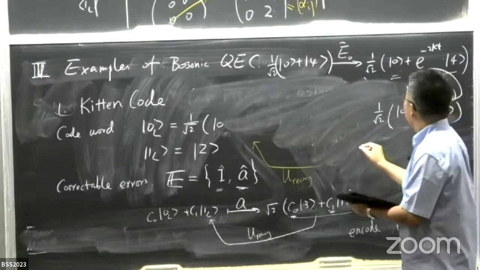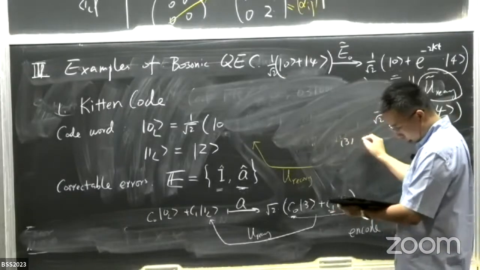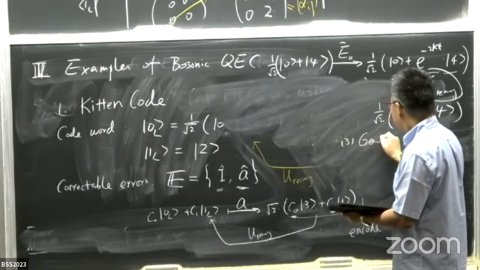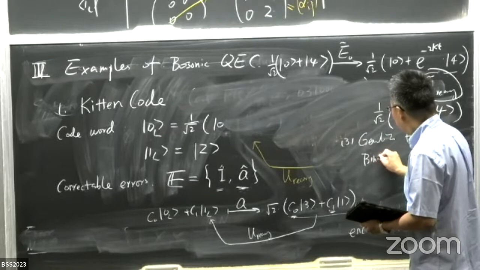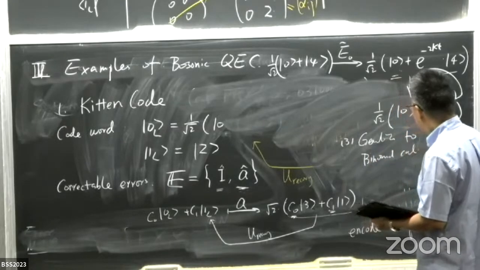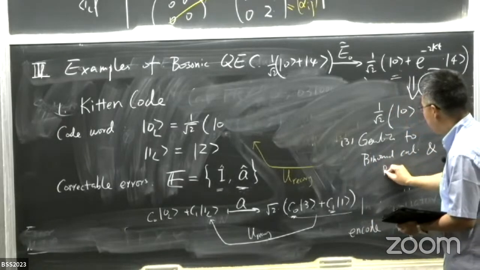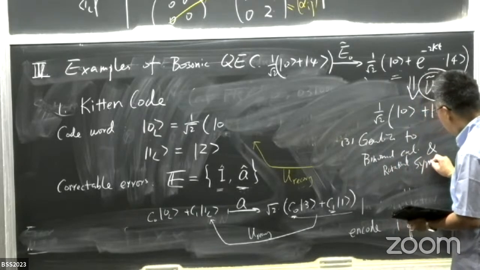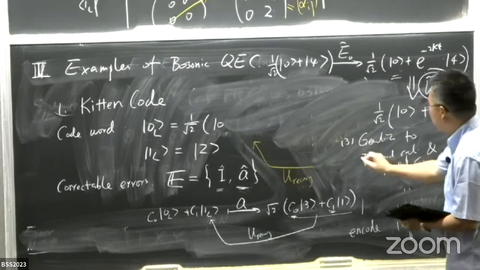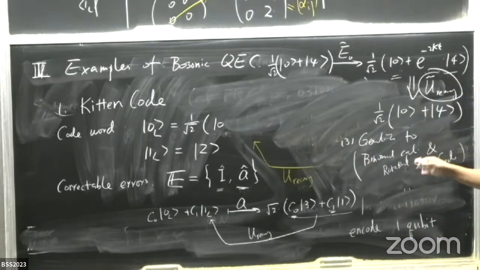Okay, and maybe one last thing is you can generalize to the binomial code, sometimes also called the rotation symmetric code. That can correct multiple loss errors or combinations of loss and heating errors.